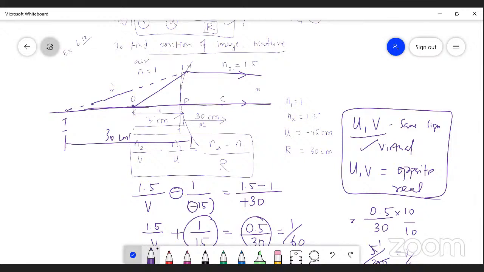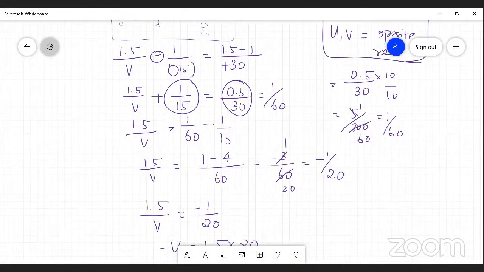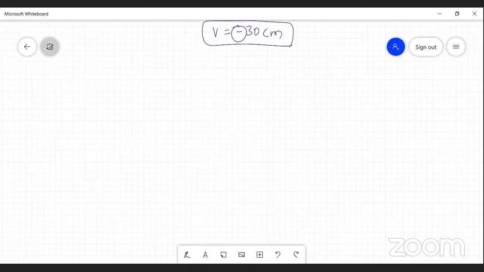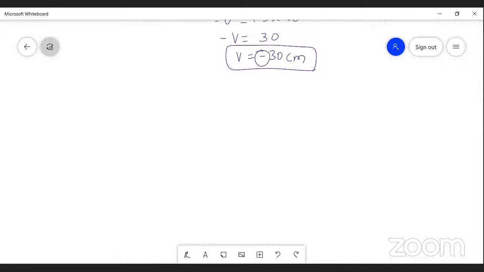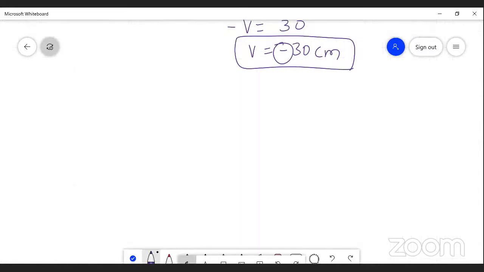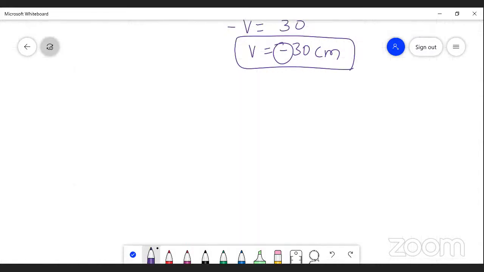I give you another example. To find the position of the image on a spherical surface. One spherical surface. The refractive index of the medium, N1, is equal to 1, and N2 is equal to 1.5.